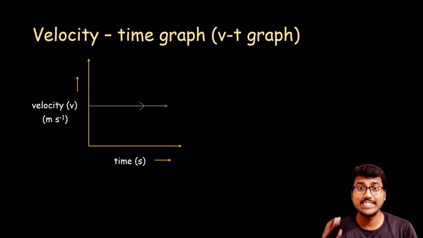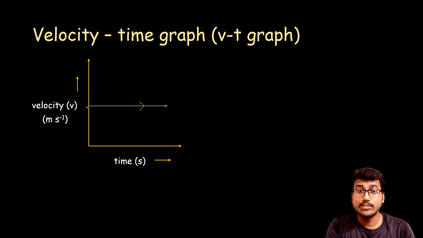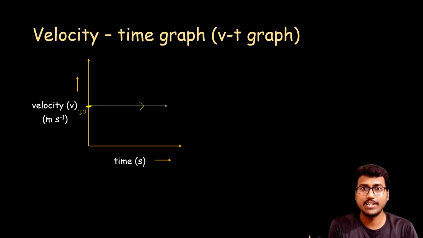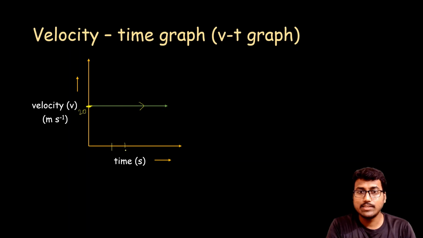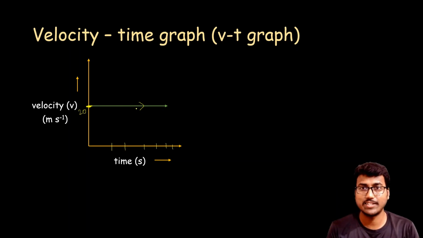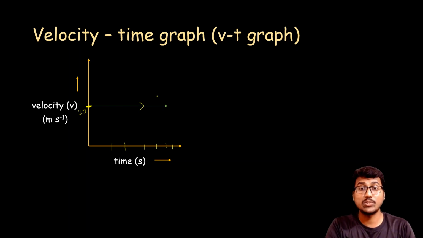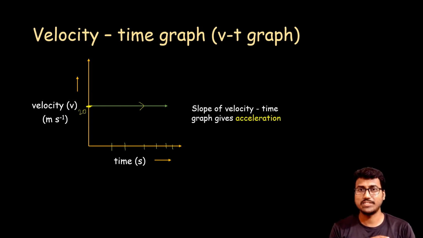Yes, there is a motion. See, the velocity is constant. It is not zero, right? So it may be some 20 meter per second or 30 meter per second. But when the time is increasing, there is no change in the velocity. The velocity is constant.